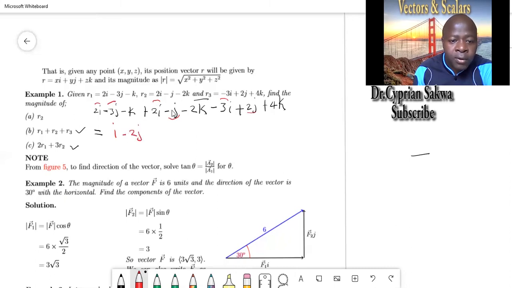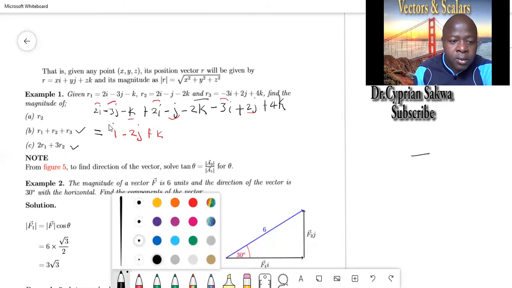Then finally, negative k, then minus 2k, that comes to negative 3k, and then plus 4k, that comes to k, because negative 3 plus 4 is 1.